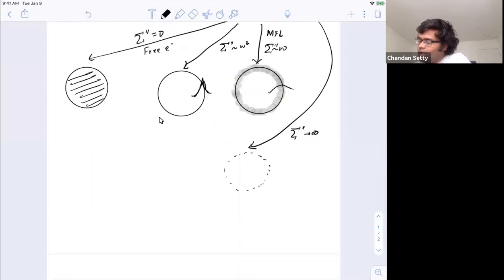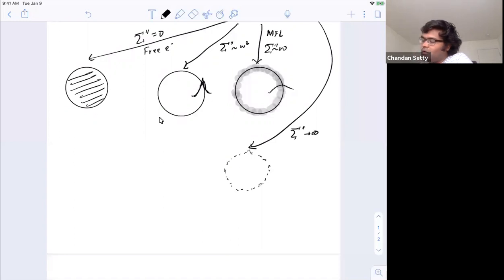So on this entire contour, the Green's function is not infinity, but it's actually zero. And this is what one typically calls a Luttinger surface, which is a contour of zeros of the single particle Green's function, which arises from some infinity in the self-energy.